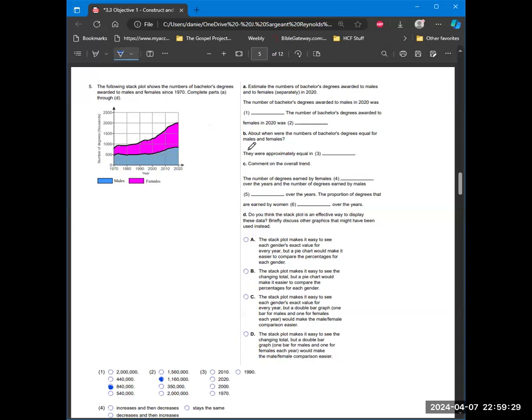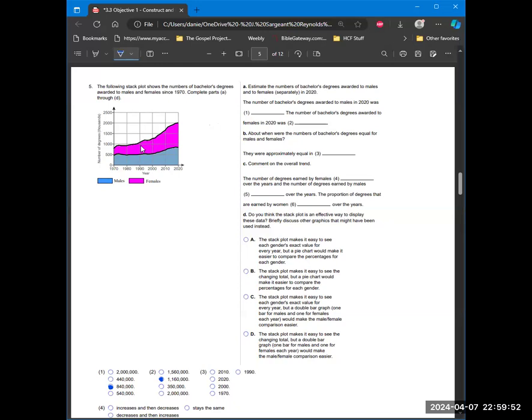Now for the third option, about when were the number of bachelor's degrees equal for males and females? And that looks to be right here, somewhere between 1980 and, or right in here.